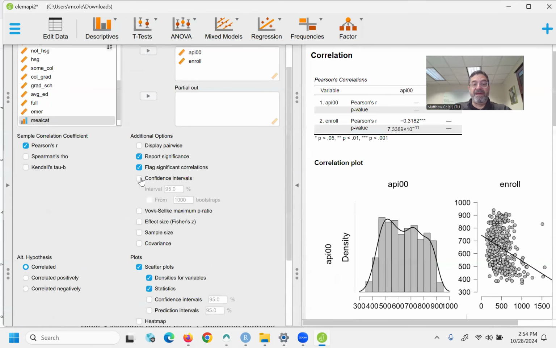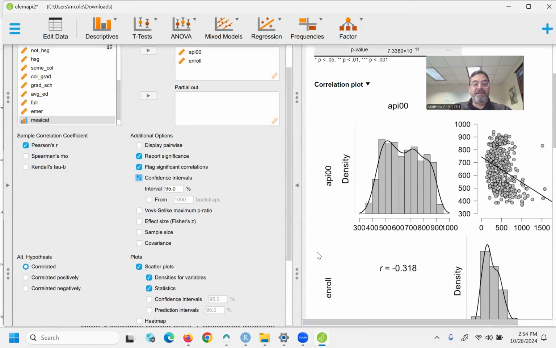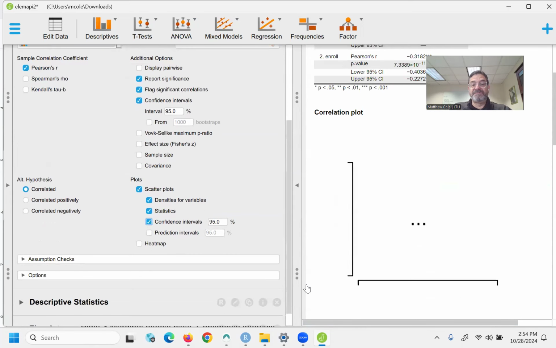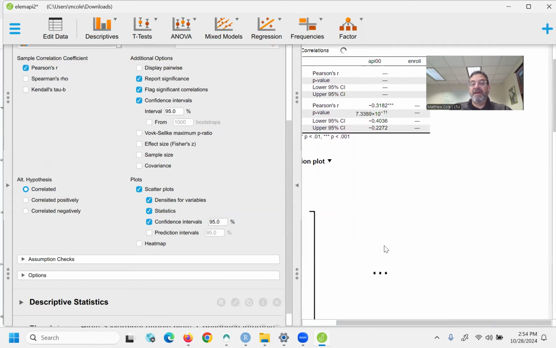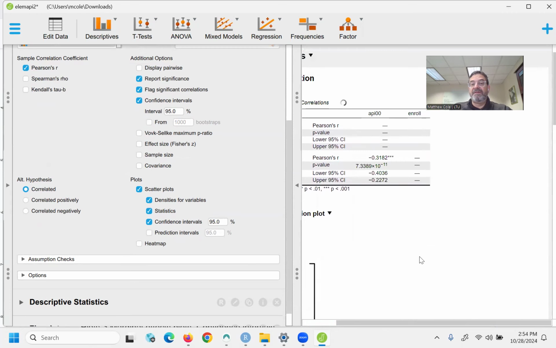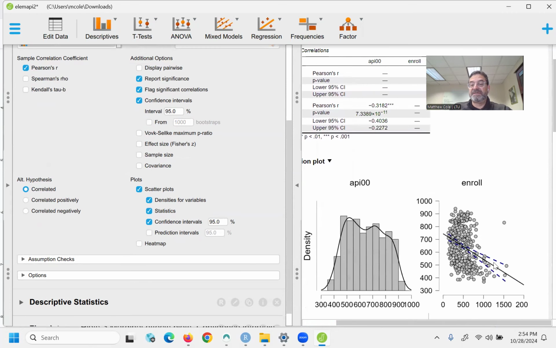In fact, we could add that confidence interval. There, in the plot, we have the confidence interval, that same confidence interval that we saw in the descriptive statistics scatter. It's showing it just a little bit differently.